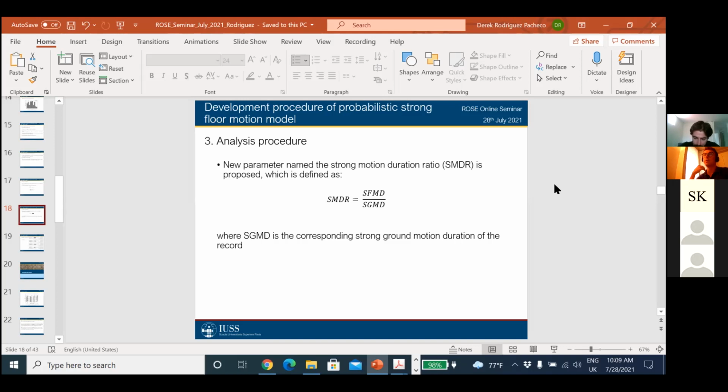This would just be a comment or suggestion for maybe future work. Given that we're talking about duration here, duration models in ground motion selection, the GMPEs, if you want to call them that, tend to be correlated well with magnitude. The bigger the magnitude, the higher the duration. There are other parameters, but magnitude is a big player in that.